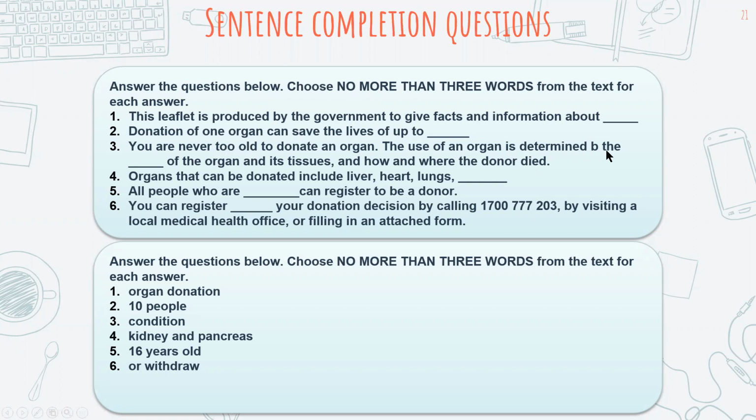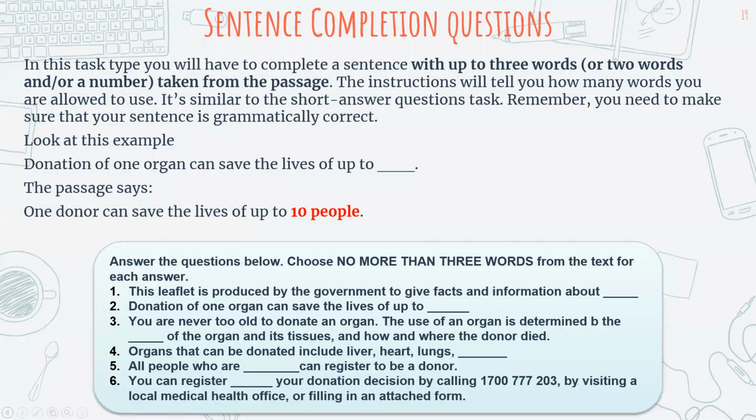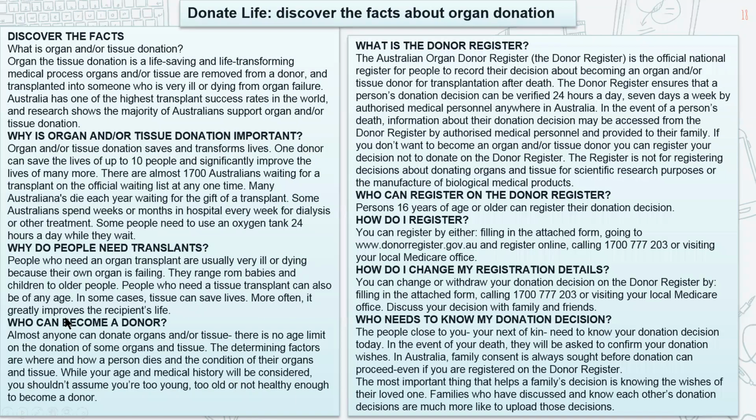Determined by is another key. Let's go back to the text. I know it's a bit tedious to be moving on like that. I need to be looking for never too old and determined by, or something similar, okay? Because I have to be looking for paraphrasing.